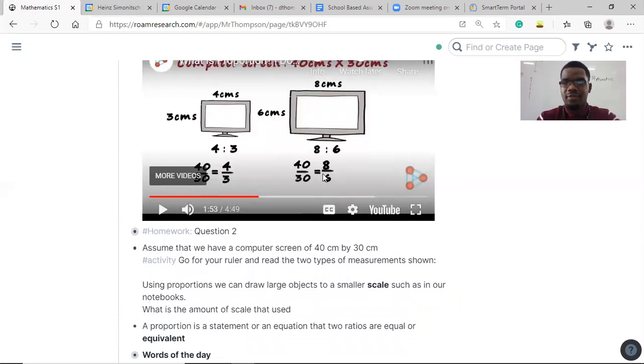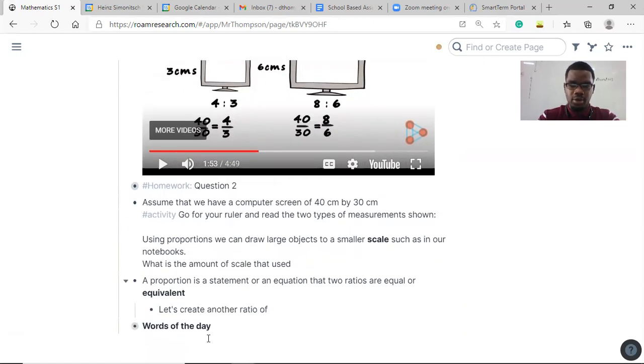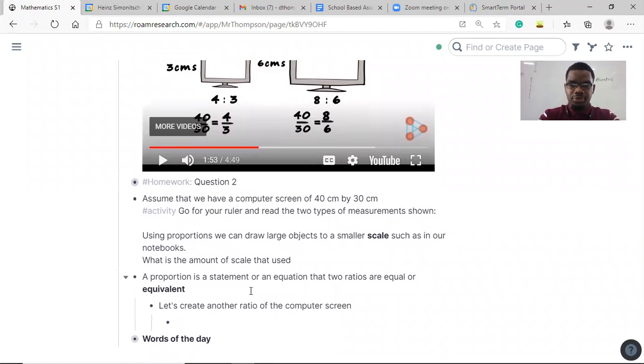If I was to divide 40 by 2, so let's use an example. Let's create another ratio of the computer screen. We're going to say 40 divided by 30, we're going to divide by 2, so 40 divided by 2, and then 30 divided by 2. All right? And let's figure out another computer screen size.